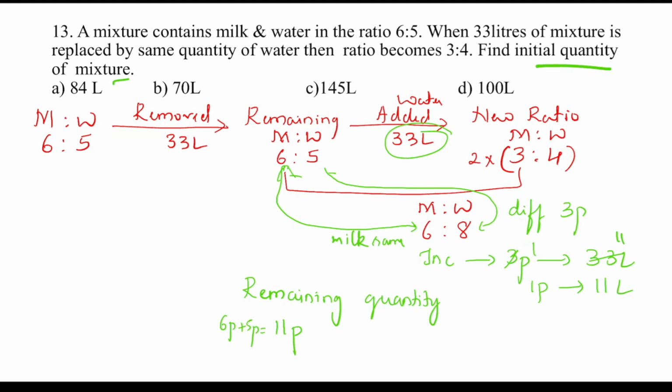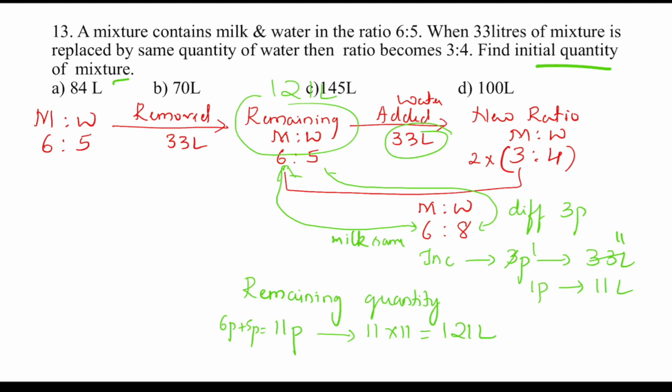So if 1 part is 11 liters, 11 parts will be how much? 11 into 11, which is equal to 121 liters, isn't it? So remaining is how much? 121 liters. But we know that when 33 liters is removed, 121 is remained.